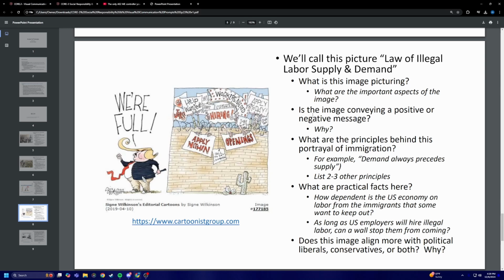And I do see. So essentially, it's showing him turning his back against the wall and saying, "We don't allow anyone in, and we're full." Meanwhile, all of the corporations and stuff on the other side of the wall are saying, "We need workers, come on in."